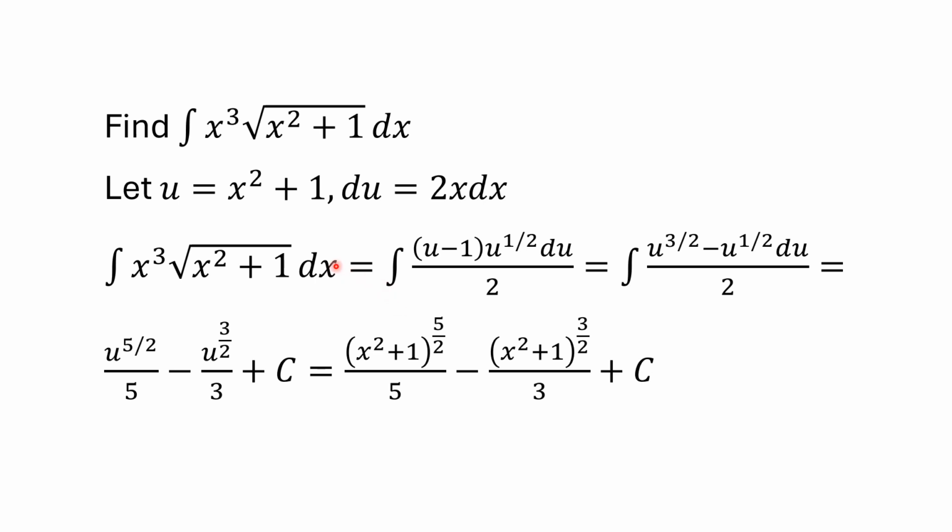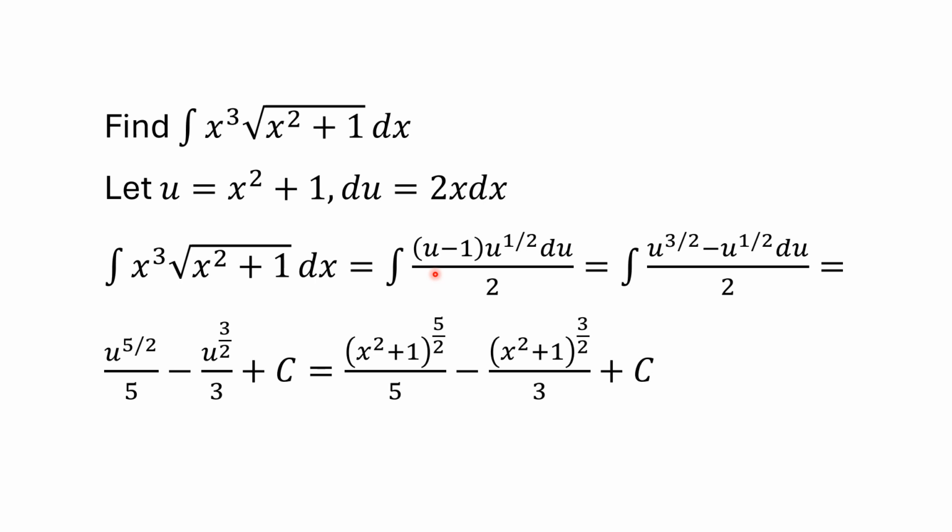So, well, what do I do with the other x squared up here? Well, if u is x squared plus 1, u minus 1 is x squared. So sometimes you have to adjust the relation between x and u.